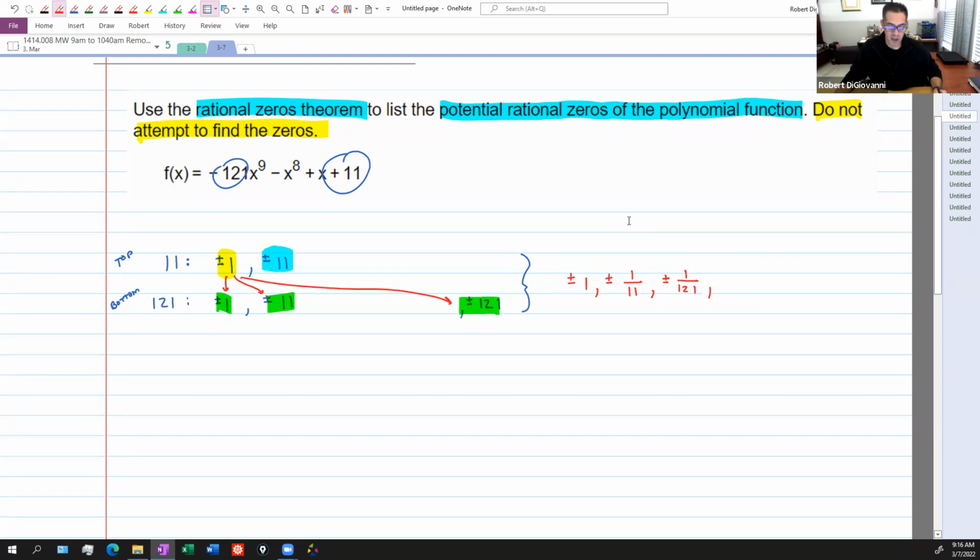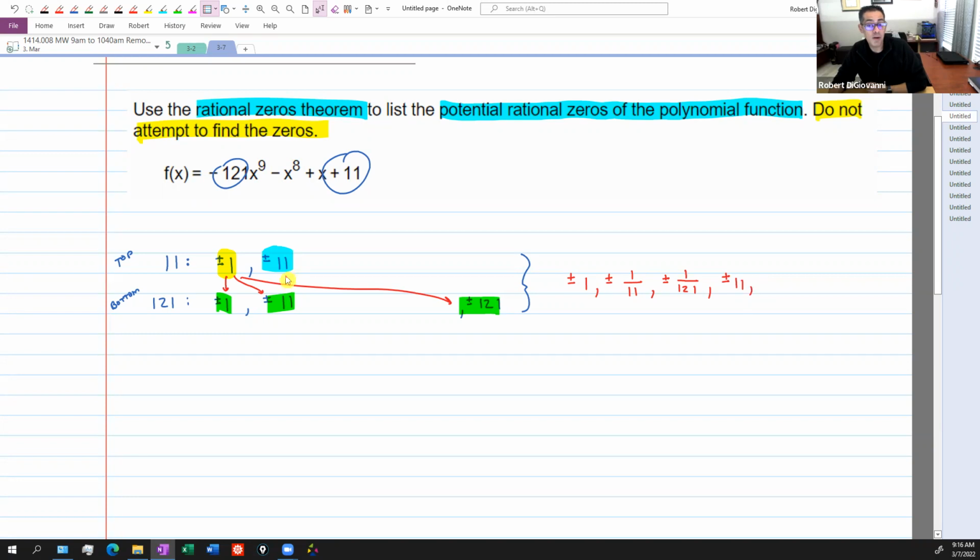So I've done the number 1. Okay, so I've done the 1 over all 3 of these. Now I'm going to do 11 over all 3 of these. So when I do 11 over 1, I just get plus or minus 11.